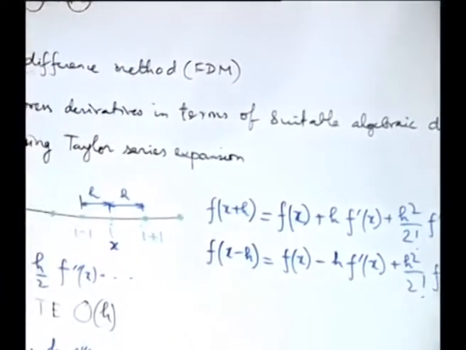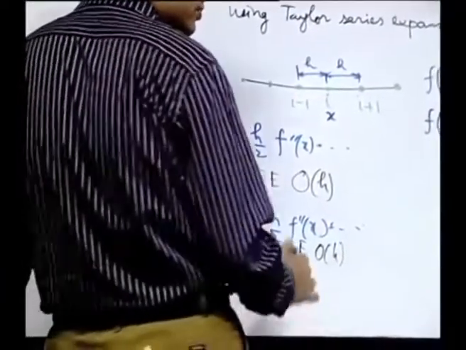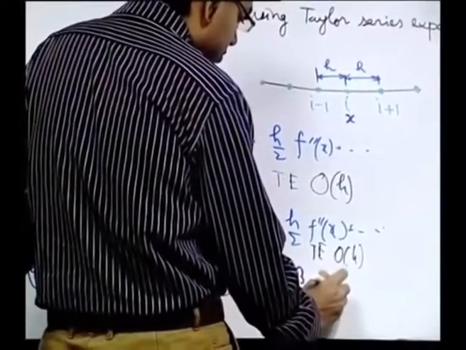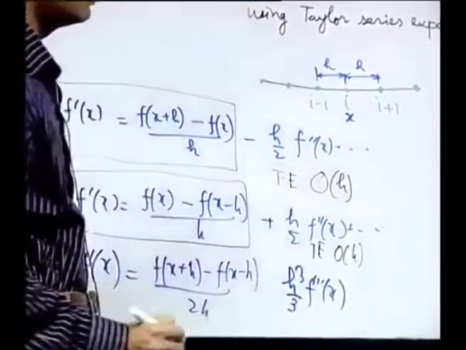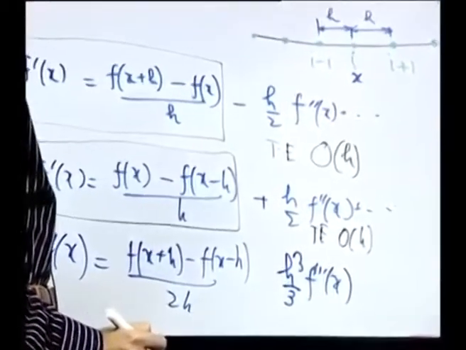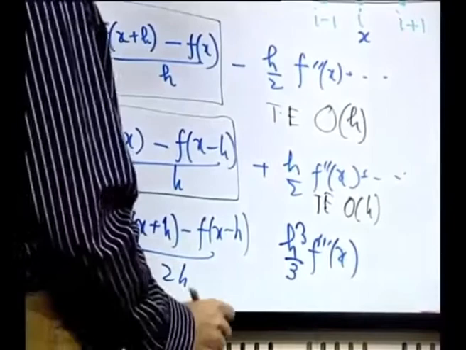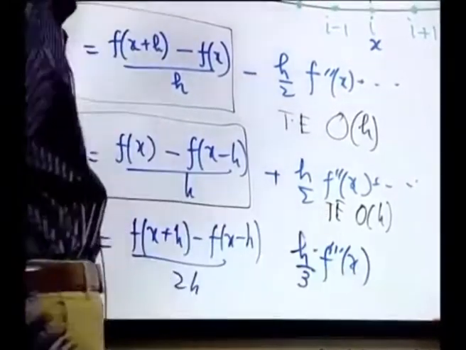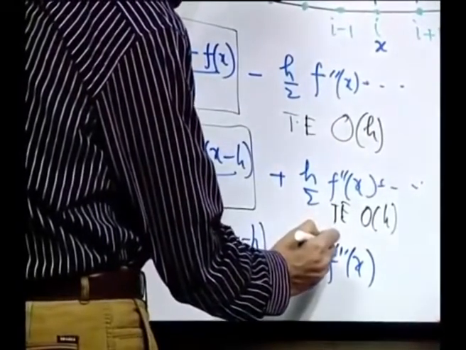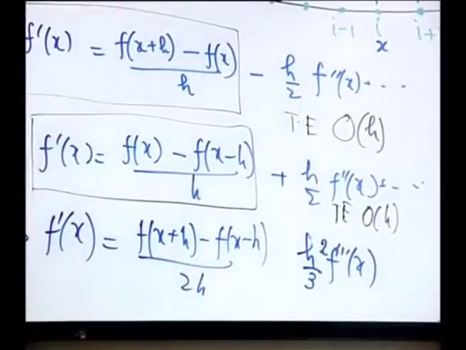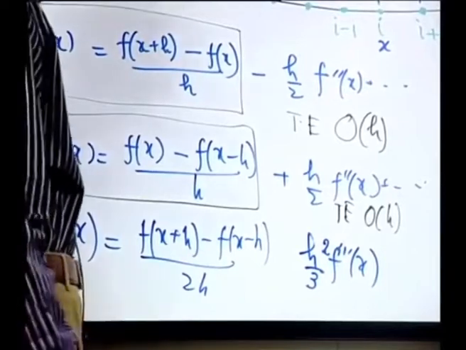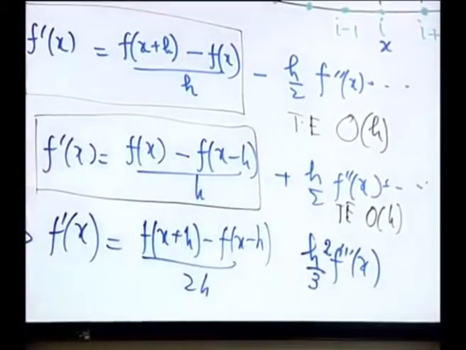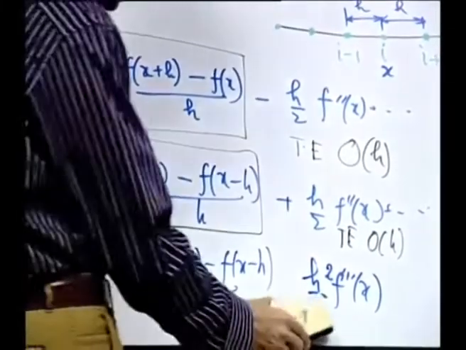So, that into 2. So, h cube by 3 f triple dash x, so it is h square by 3, since it was 3 factorial and that multiplied by 2, so that it becomes 3 and divided by 2, yes.